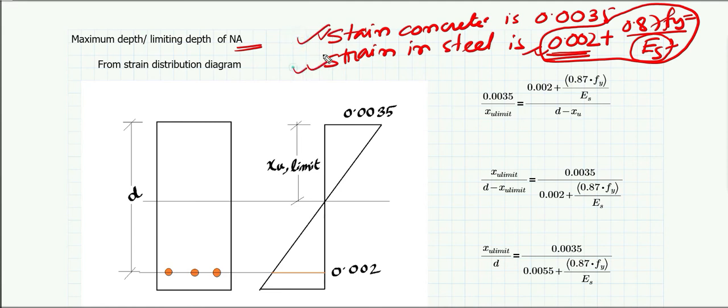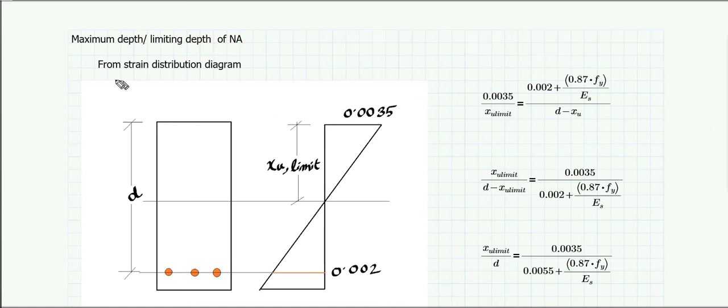So we are going to consider this limiting value to find out the maximum depth, or limiting depth, of the neutral axis. That means the maximum depth of neutral axis that we can get for any design section. For that, we look at the strain distribution diagram, where at the top we have 0.0035 and at the steel we have 0.002 plus 0.87 Fy by Es.